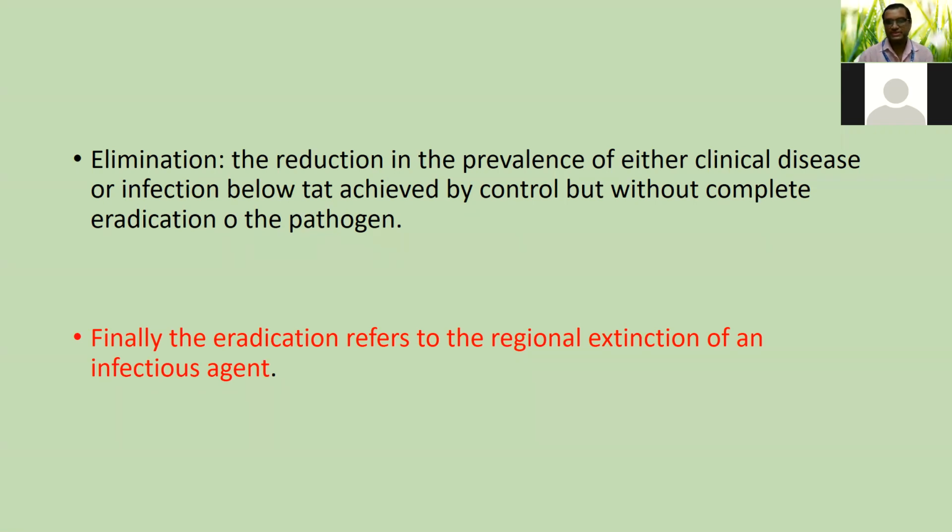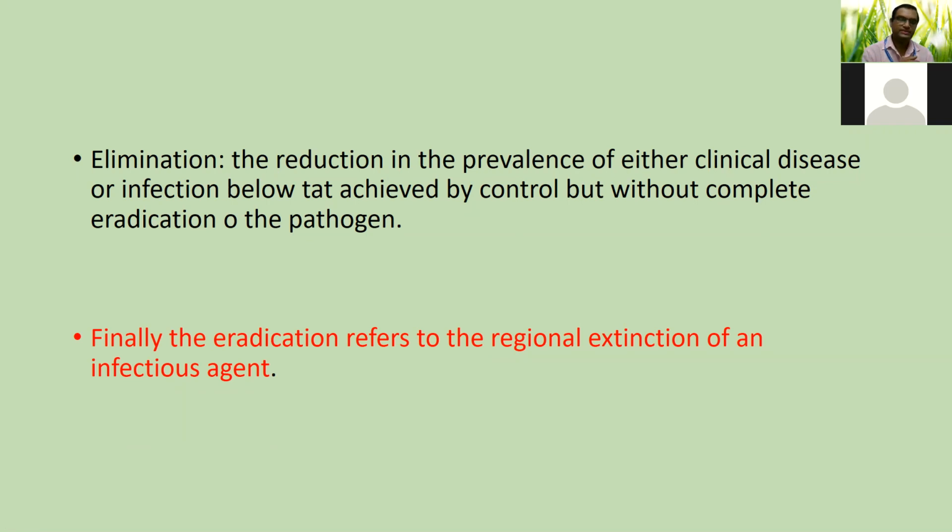So this regional extinction was added to the definition, because we cannot talk about complete extinction of a disease or infectious agent from the universe or from this earth. But if we can remove the infectious agent regionally, say for a particular country or a particular area, then we can say that the disease is eradicated.